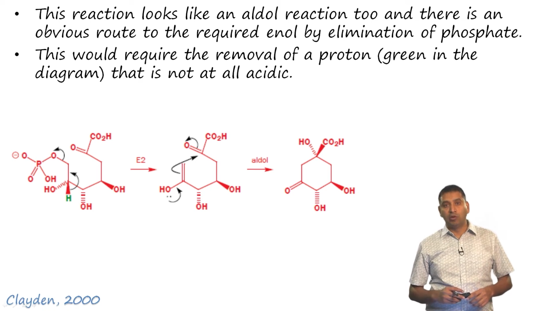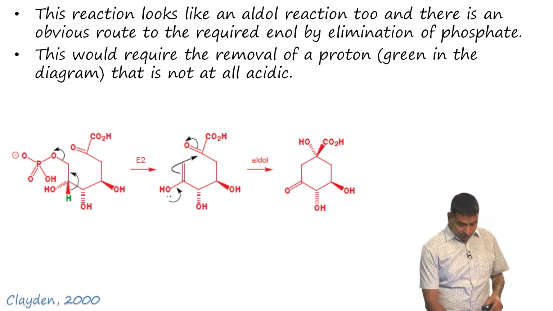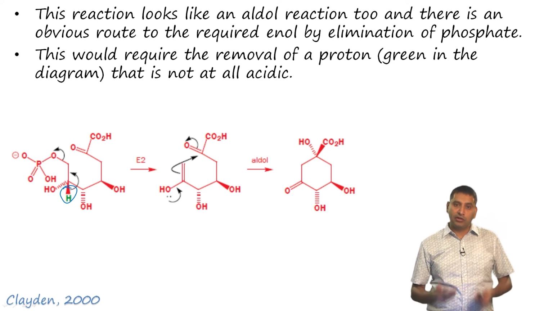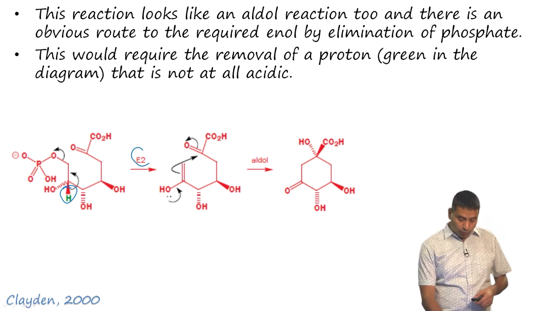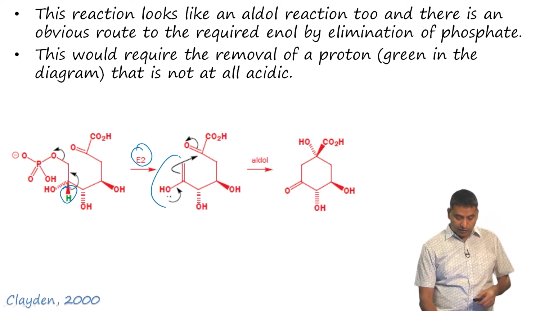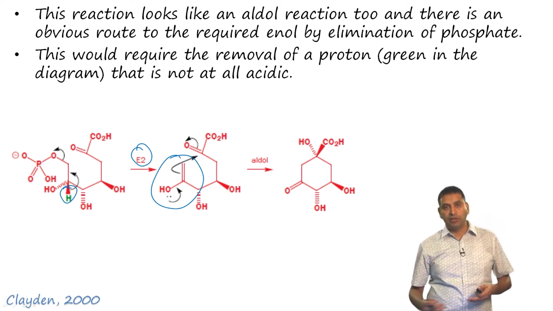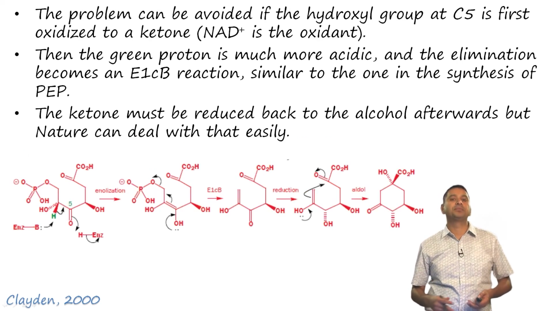This would require removal of a proton, which is here, from this molecule, but this is not at all acidic. So, you can imagine that it can go through an E2 process wherein this proton is lost and gives you this enol, which then can react with the ketone. But since this hydrogen is not at all acidic, nature adopts a very interesting route to carry out this reaction. Let us look at that now.